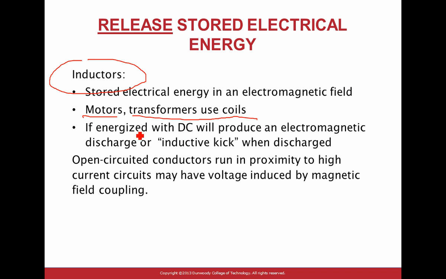If you energize a coil with DC, it will produce an electromagnetic discharge, an inductive kick. We have a coil here for you. In one of the exercises, we have a coil as well as a capacitor, and you're going to verify the voltage on the capacitor and the coil, put a resistor across them, and see how the voltage goes down and what doesn't. So there is inductive kick for certain coils if you put DC on them.